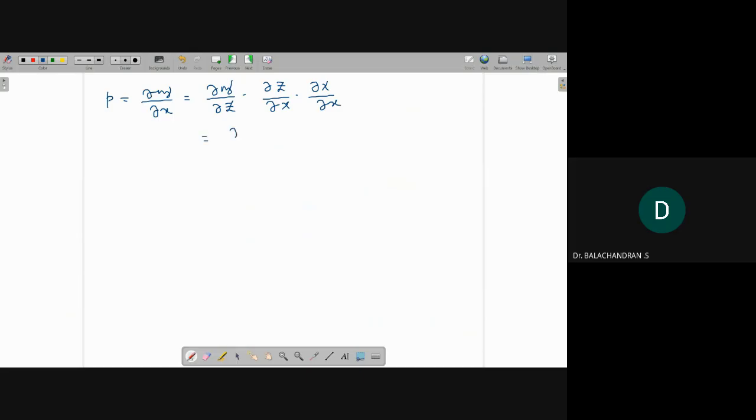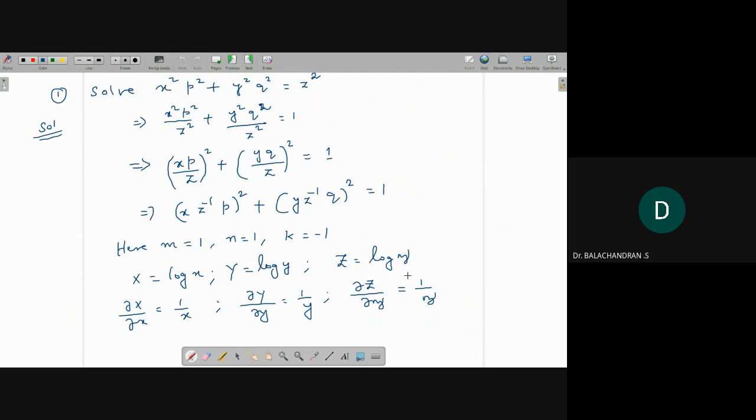This is dou z by dou capital Z, we know that capital P is dou capital Z by dou capital X. Now what is dou small z by dou capital Z? This is nothing but the reciprocal, z.